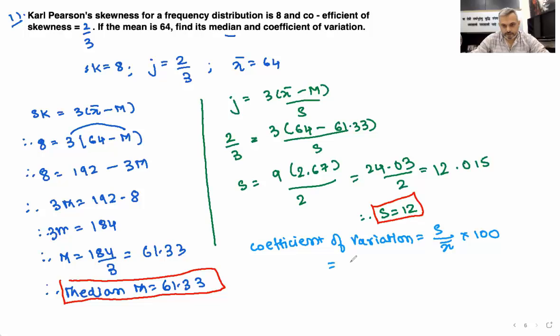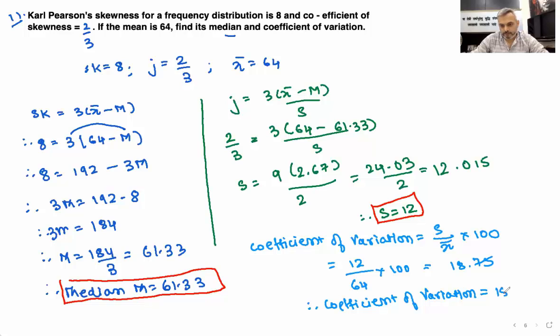So which is equal to 12 upon mean, 64, into 100, which is equal to 18.75. Therefore, coefficient of variation is equal to 18.75%.